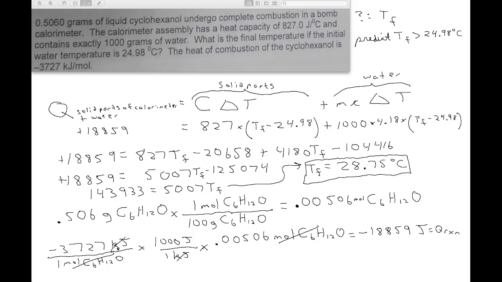So basically what I'm trying to warn you of is, unfortunately, a lot of students have a tendency to think that these mean the same thing. A lot of students think that kilojoules are the same thing as kilojoules per mole. So I'm trying to warn you that that's not true. When a number is given to you in kilojoules, it's generally giving you the actual heat. But if a number is given to you in kilojoules per mole, that's just giving you the hypothetical amount of heat that would have been exchanged if there was hypothetically 1 mole.